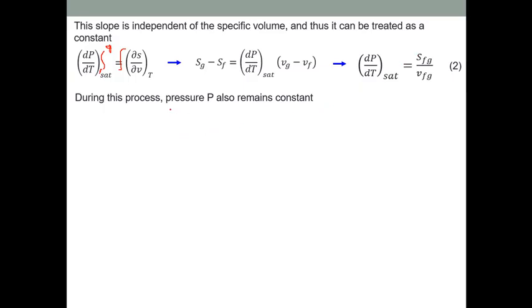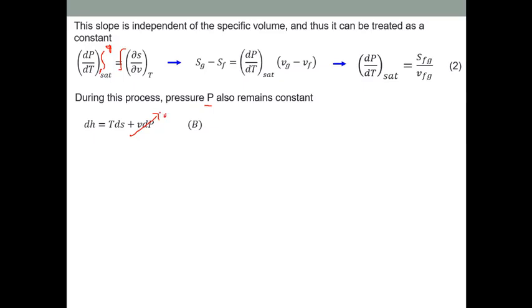We also know that during the phase change process, pressure remains constant. You might observe in the refrigeration system as well as in the steam power plant that during the phase change process, pressure remains constant. So from the second Gibbs equation, if the pressure is constant, then we can neglect this term, right?